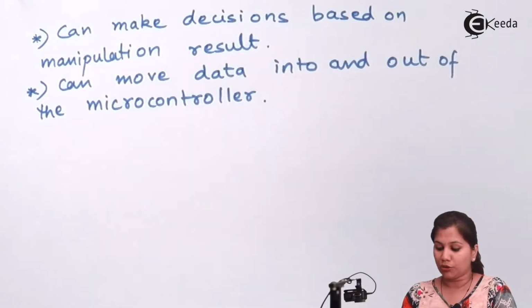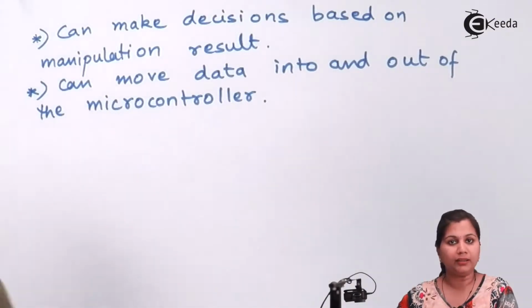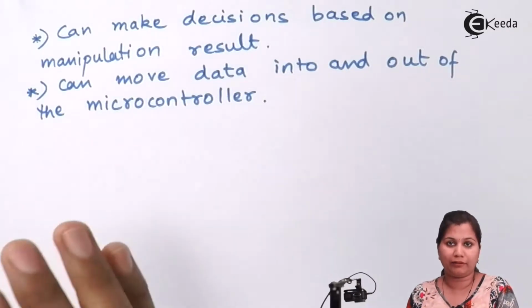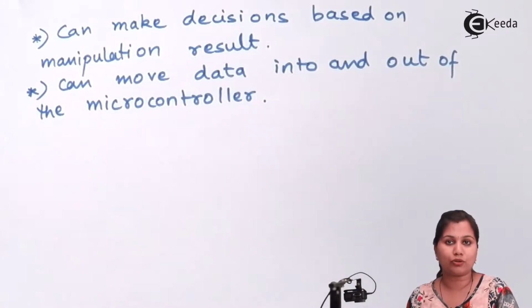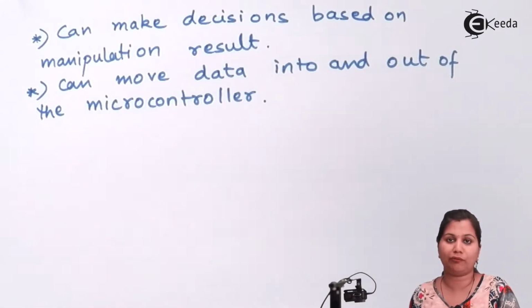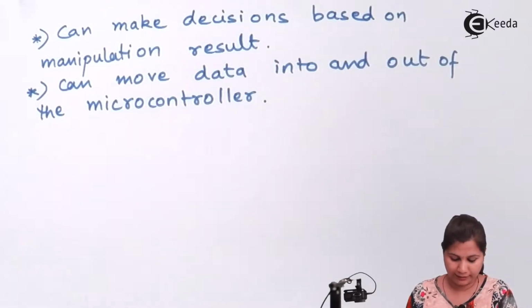Whenever we want the microcontroller to perform a task, we have to write the program for it. So whenever we are writing a program in the microcontroller, which steps are to be followed and in which sequence, let's study about that.